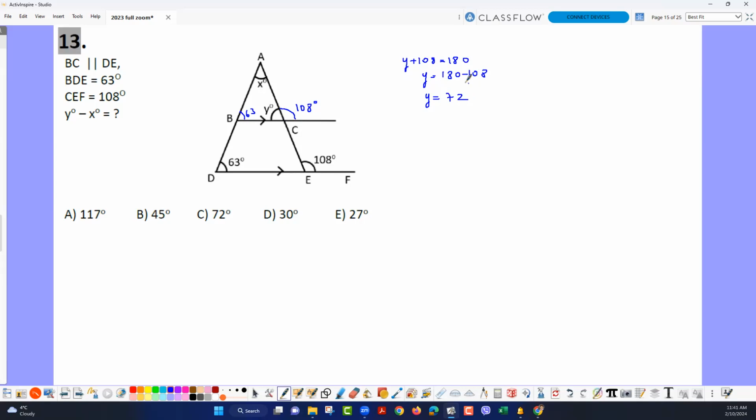This is the first one. And here the second one is going to be x. I have to find the x value also. 63 plus y plus x is equal to 180 degrees, or we can find it also like this. Here, two interior angles like A and B are equal to the non-adjacent exterior angle, which is equal to A plus B. I'm going to use this one here, which means that x plus 63 should be equal to 108.